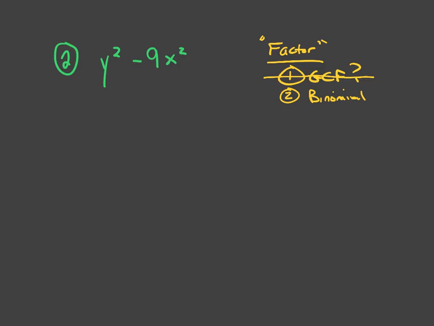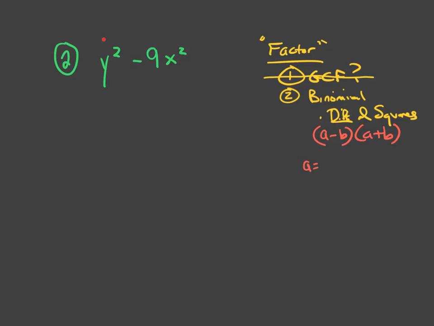We've got y squared. Y squared is a square. It would be on the list just like x squared would. 9 is the square of 3. X squared also on the list, so this is going to be difference of squares, which again is a minus b, and then a plus b. That's the formula. A is just the square root of the first term.